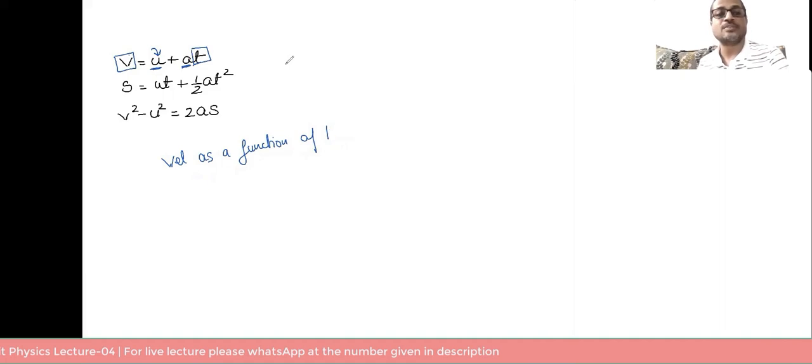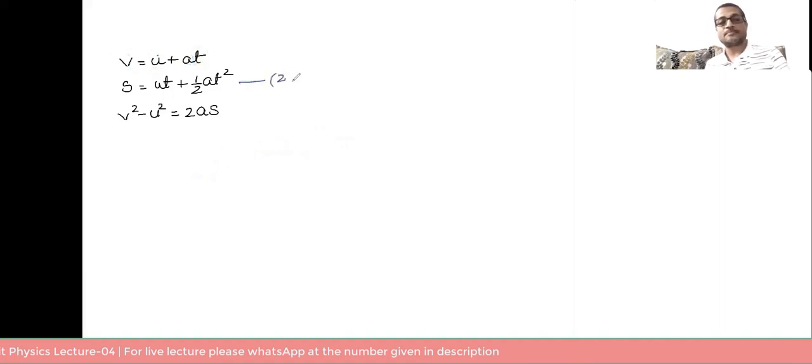Like that, can you tell me what does the second equation give us? Second equation gives us displacement as a function of time. But there is a t square also.